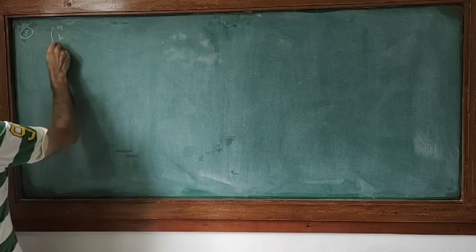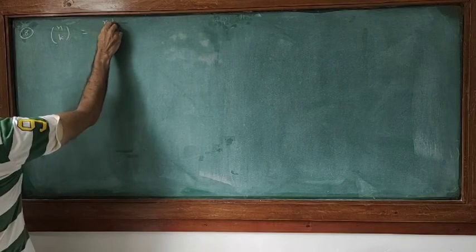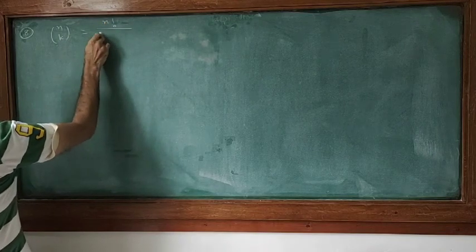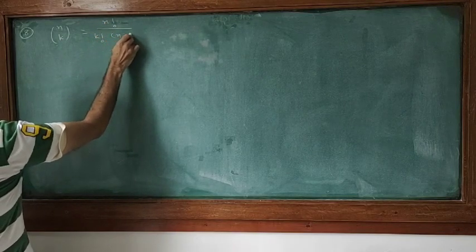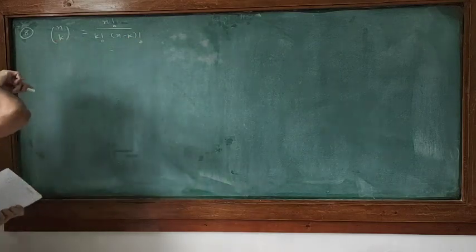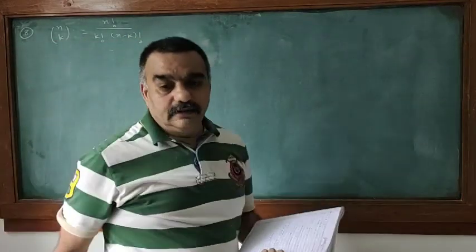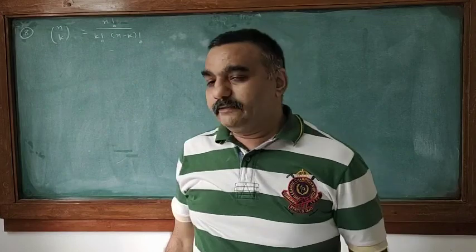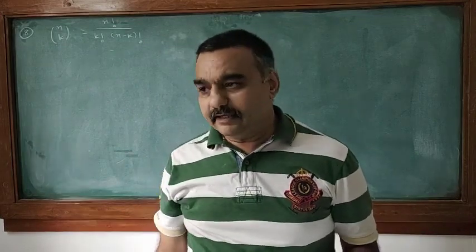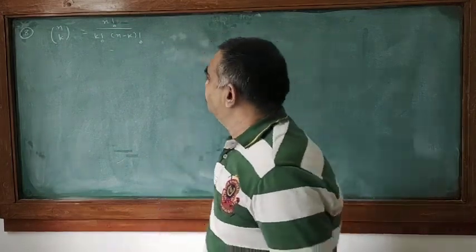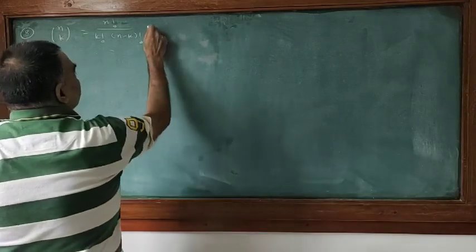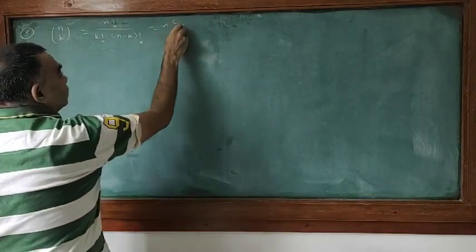nCk is equal to n factorial upon k factorial times n minus k factorial. So this is the well known notation of nCr. Here I say nCk. Another symbol is also nCk.